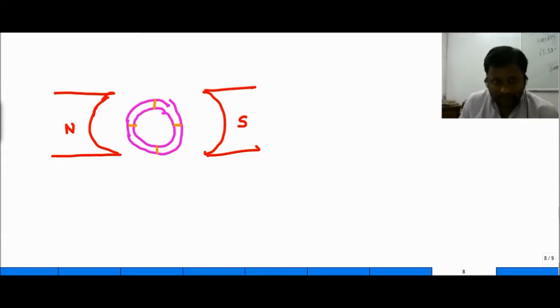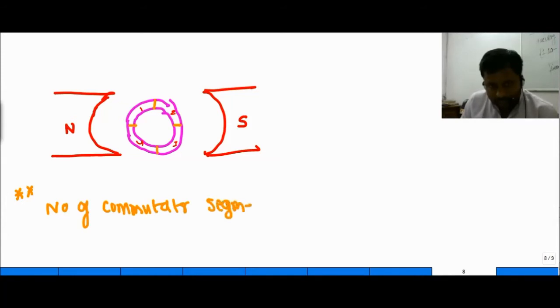The important condition, a very important note, is that the number of commutator segments is equal to the number of coils.